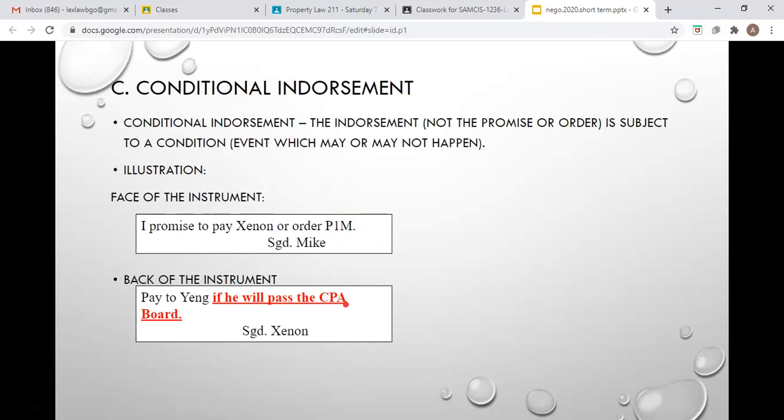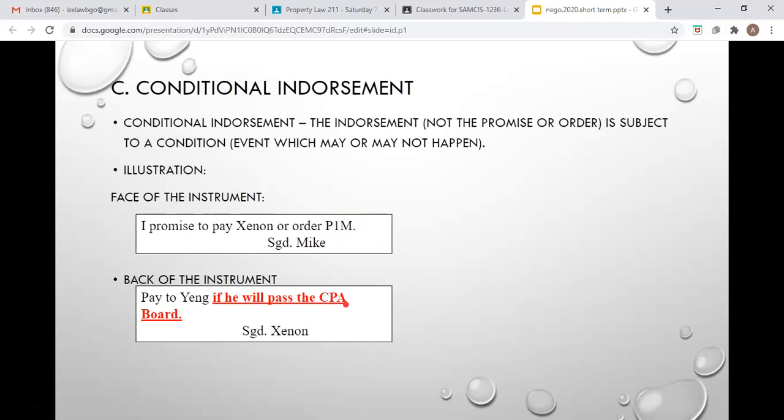And in that scenario, if you delivered that amount of 1 million to Yang without the fulfillment of that condition, Yang will not yet be the absolute owner of that 1 million. Rather, she will just hold it in trust for Shannon.